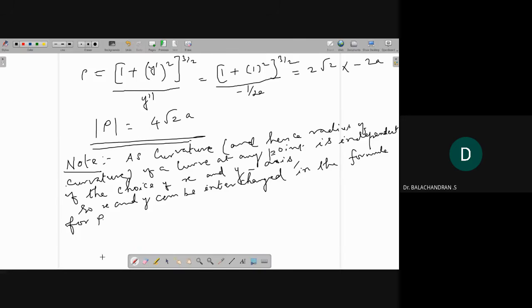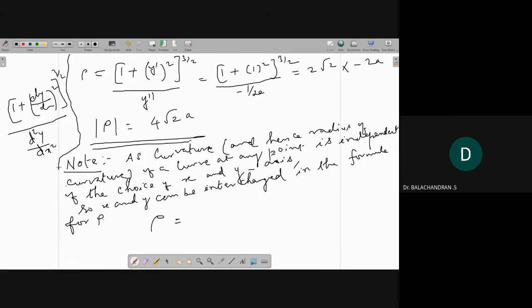So thus rho is equal to, you know the formula for rho is usually 1 plus y dash, where y dash means dy by dx, whole square, whole power 3 by 2, divided by d square y by dx square. This is the formula.